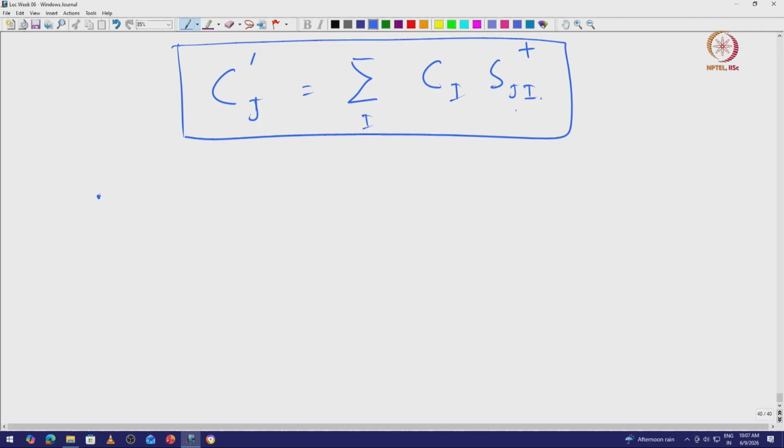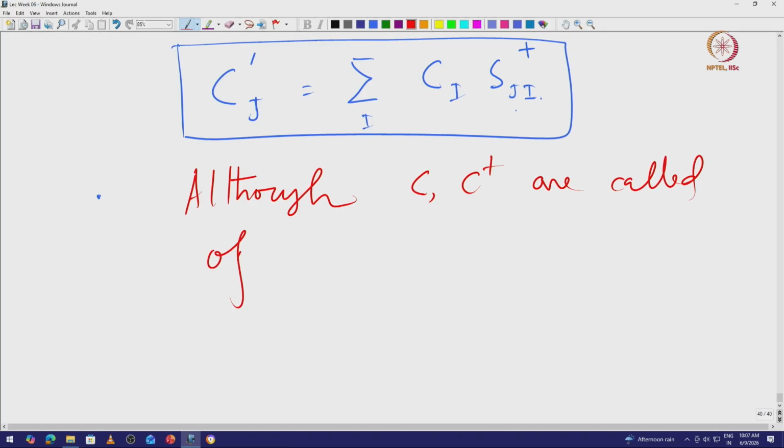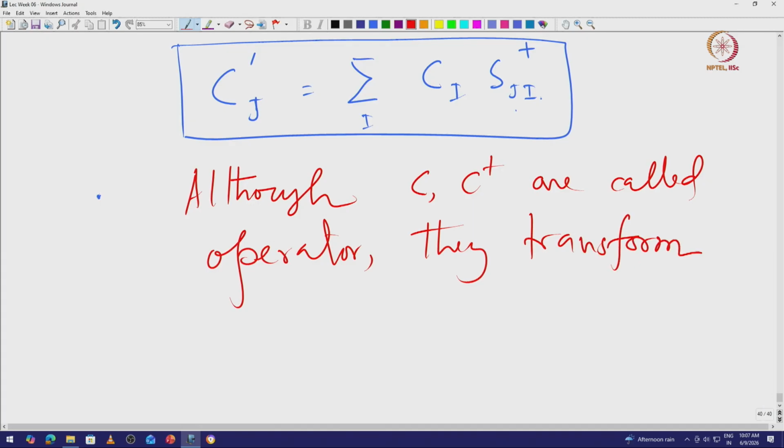So, let me just remind you again what we said. Although C and C dagger are called operators, they transform as vectors because they represent states.